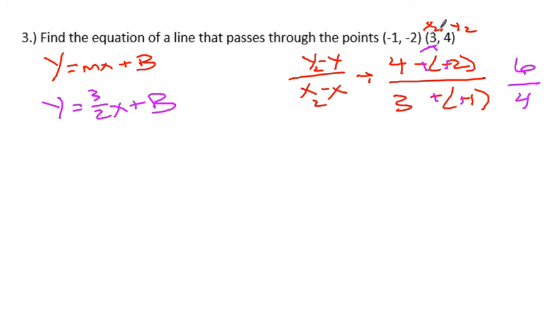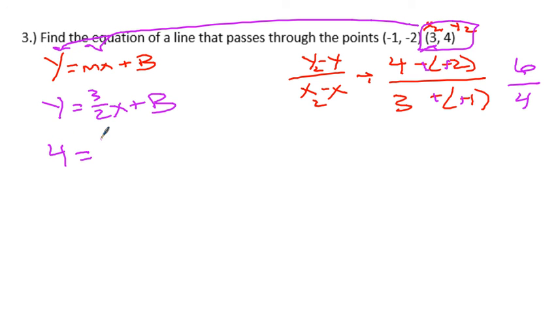So I'm going to pick x is 3 and y is 4, and I'm going to substitute this point in for x and for y. So the y is 4, equals 3/2 times my x, which is 3, plus b. And now I get to solve my equation for b. So let's do that.